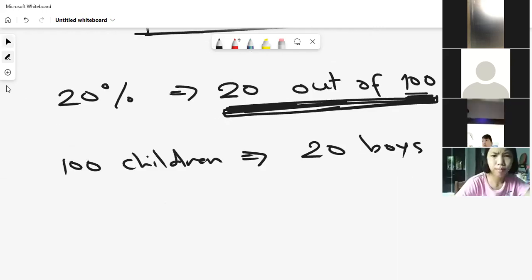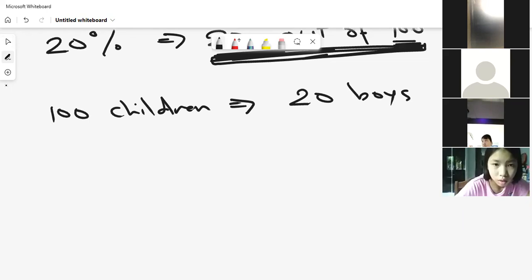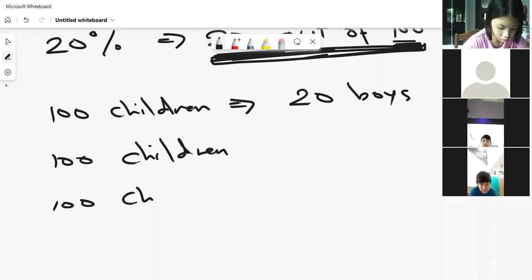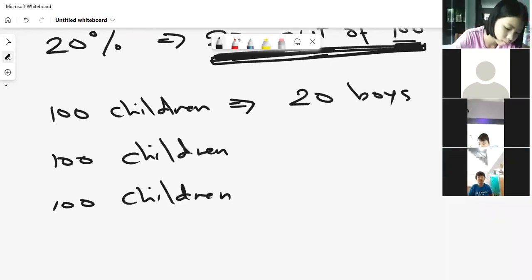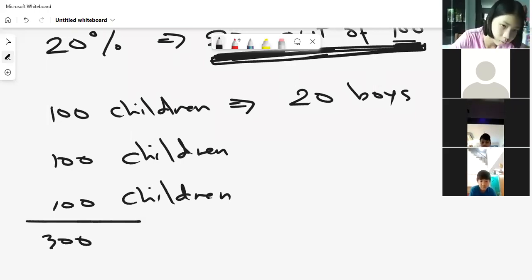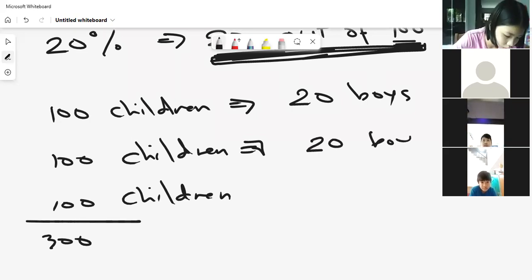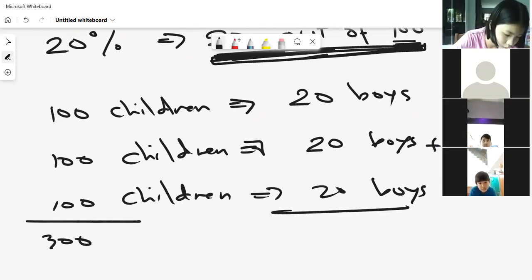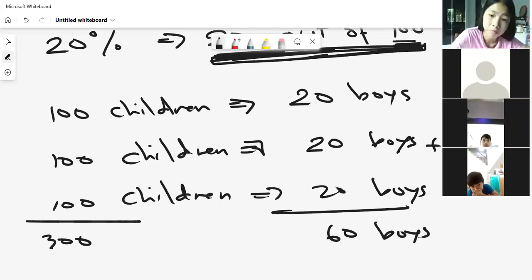So we will add here 100, 100, 100 children, a total of 300. Out of each 100 there are 20 boys, so you add everything. How many? 60 boys.